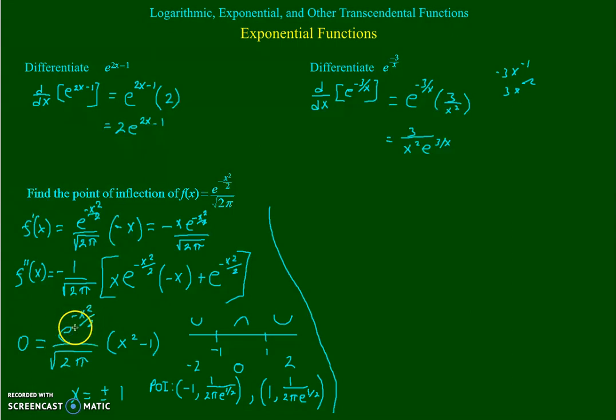This doesn't contribute to any of our potential points of inflection. However, when we set this equal to 0, it does. You can see that if you add 1 to both sides, x squared equals 1. This is the square root of 1, which is plus or minus 1. So our potential points of inflection are negative 1 and 1.